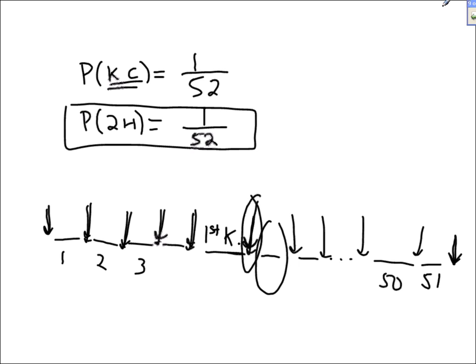So they both have the same probability. They're both equally likely. The card that comes after the first king can be any of the remaining 51 cards. Of course, if this is the king of spades, the very next card can also be the king of spades. One deck, one king of spades.